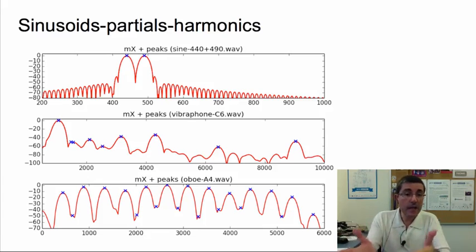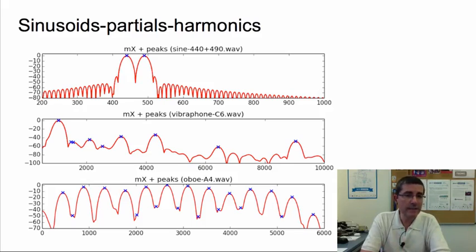And finally, a harmonic is a partial of a sound that is a multiple of a fundamental frequency. So it can also be modeled as a slowly time-varying sinusoid, but it has this added restriction that it has to be a multiple of a given frequency.